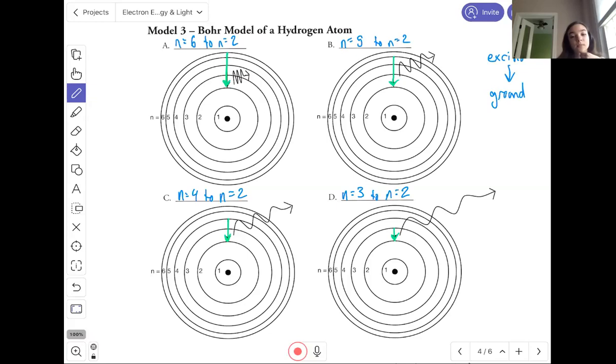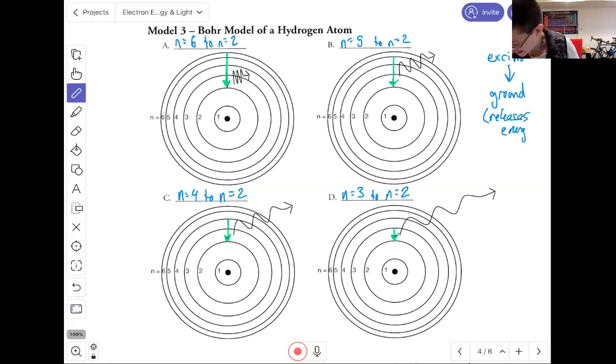So this releases energy. How does the diagram show that energy is being released? The little squiggly line, right? That is my released energy. This is light.